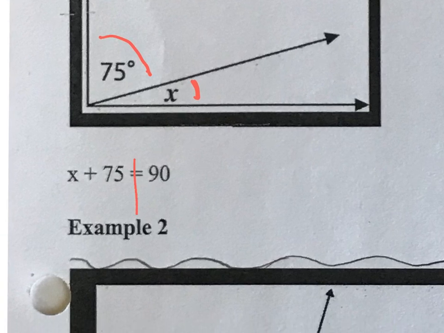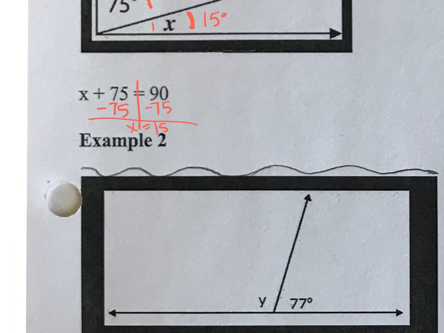I would subtract 75 from both sides, and you get 15. x is 15, okay? So this little angle right here is 15 degrees. Pretty simple, right?